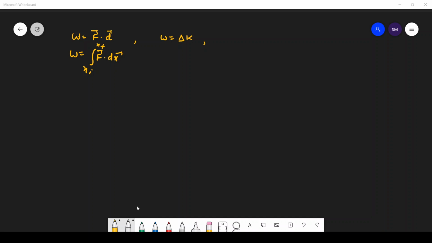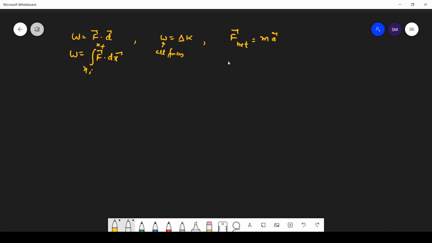After that we did the work done by all forces, and frequently we keep on using this concept that net force is equal to m into a, and this is the work done by all the forces.